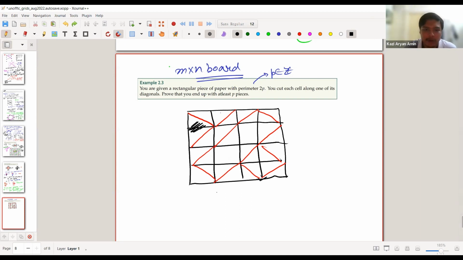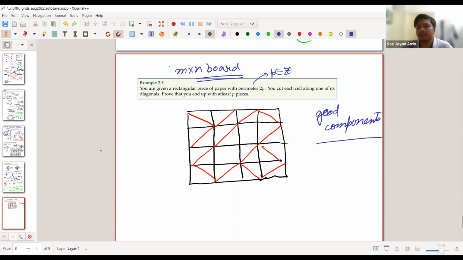For example, this one is formed with one of the edges of the grid. But something like this big guy doesn't have any edge of the grid. So these are two types of connected components. Call the ones which have some edge adjacent to the grid good components, let's say.